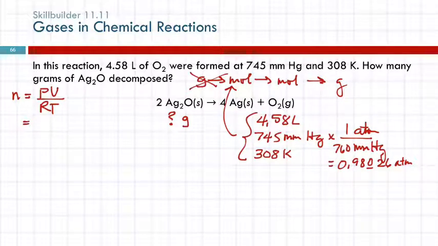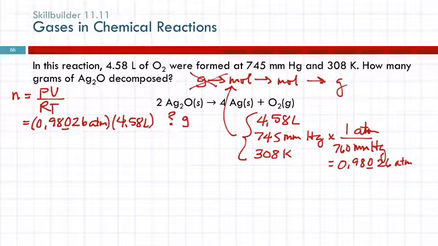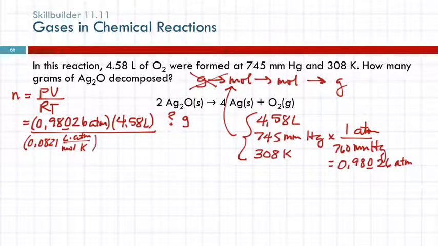So the pressure, 0.98026 atmospheres, times the volume, 4.58 liters, divided by the ideal gas constant, 0.0821 liters atmospheres per mole Kelvin, and the temperature.